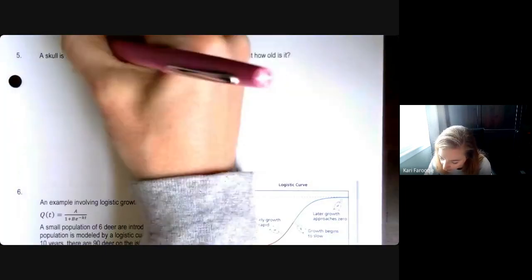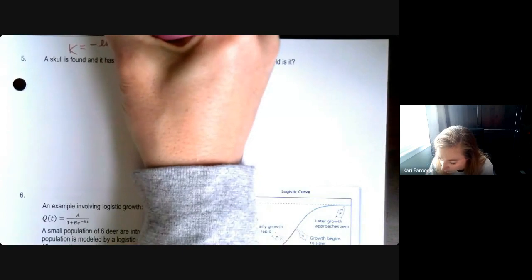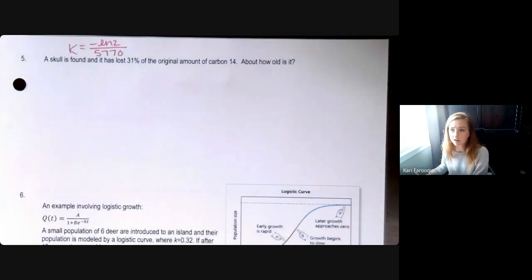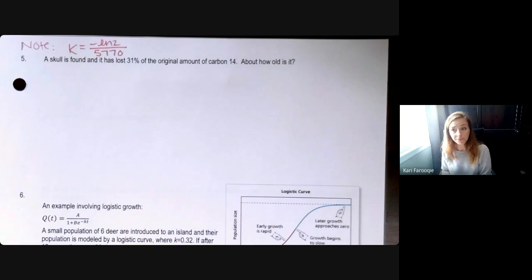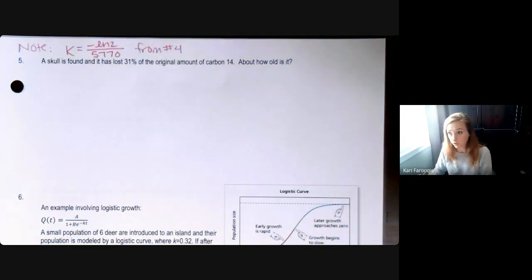We said that K was equal to negative ln 2 divided by 5770. And that's from problem 4. And that's specific to carbon-14.